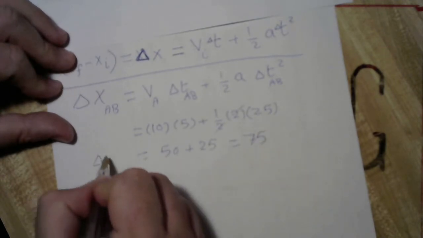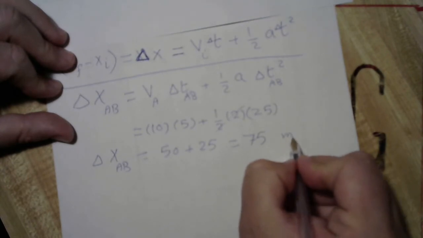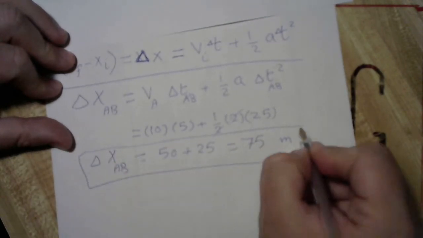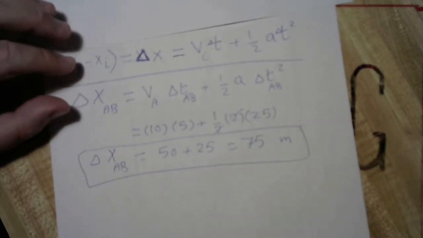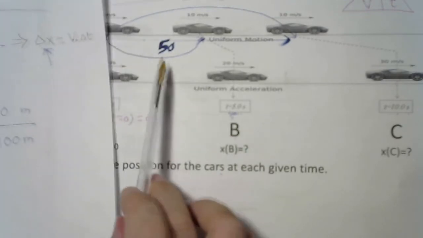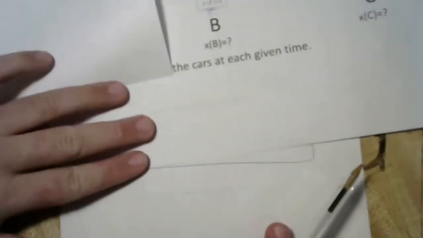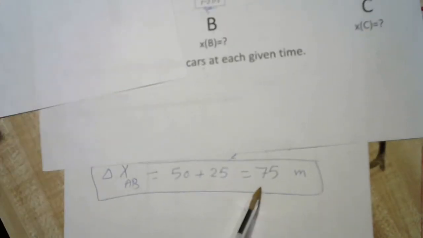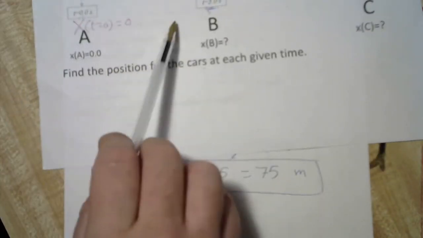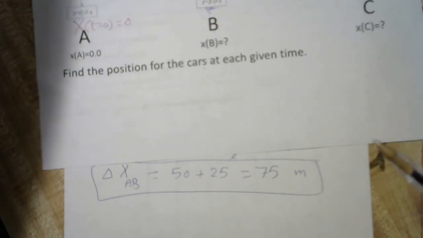This is the change in position from A to B. The unit will be meters. If you remember, for the first car, from A to B, the change in position was 50 meters, not 75 as the second car. The second car moves 75 because it has extra velocity, extra acceleration.